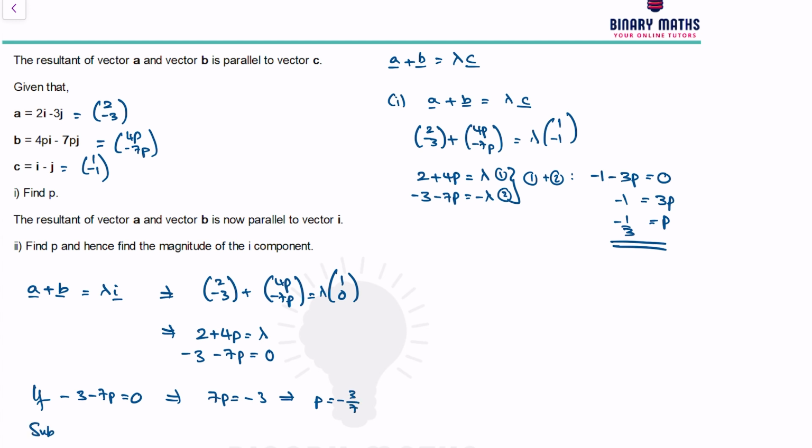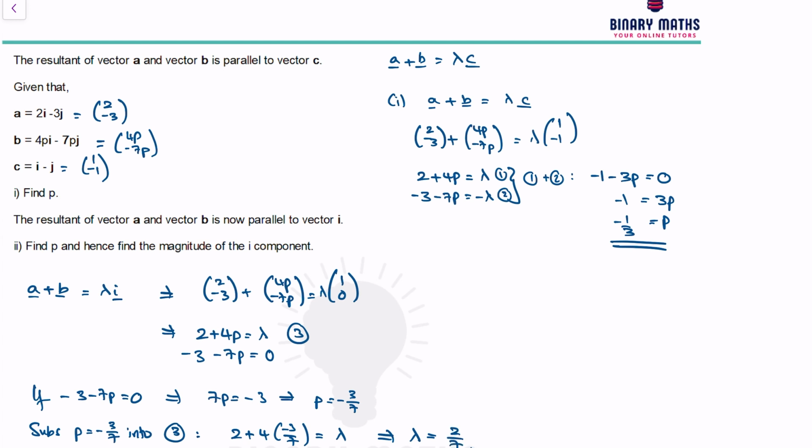If I substitute p is equal to minus 3 over 7 into equation 1, then I get 2 plus 4 times minus 3 over 7 is equal to lambda, which implies lambda is equal to 2 over 7.